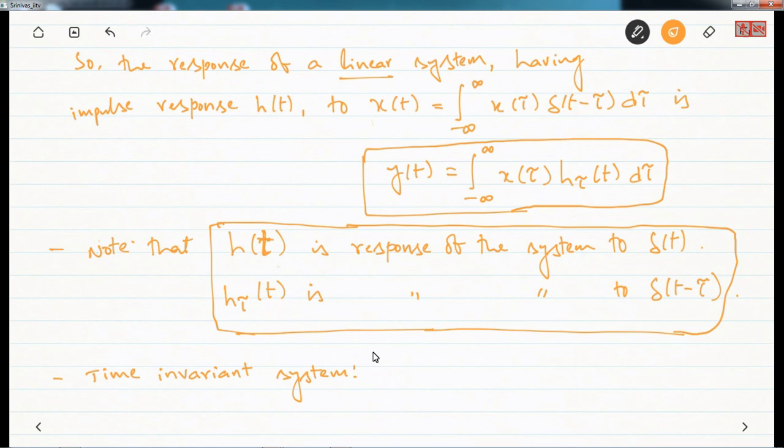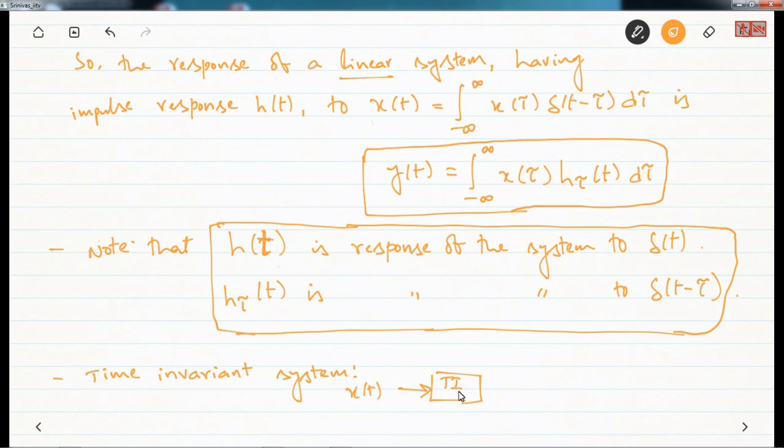That's it. So a system is called time invariant if a time shift in the input signal results in a corresponding time shift in the output. Say I'm considering a time invariant system.